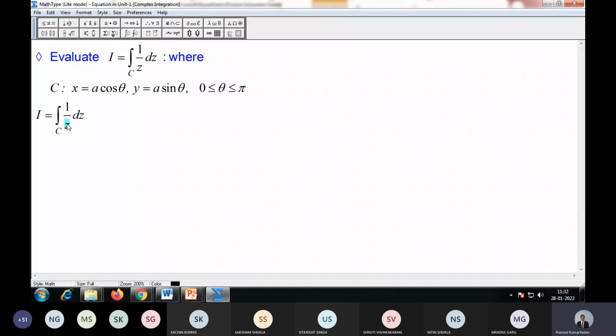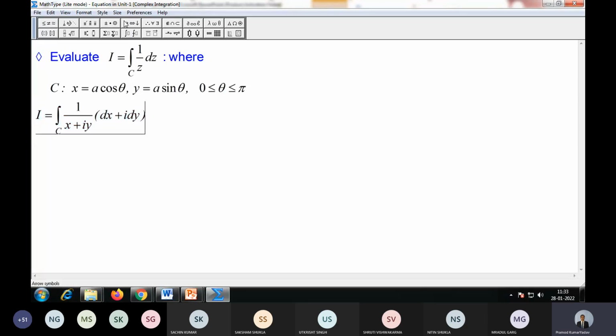z means x plus iy. dz means dx plus i dy. Now you may multiply this with conjugates.